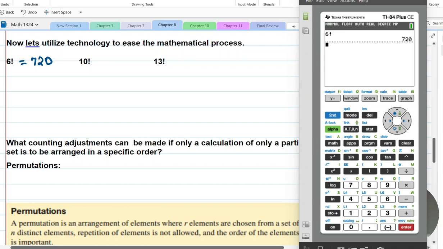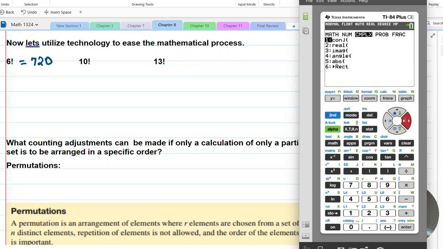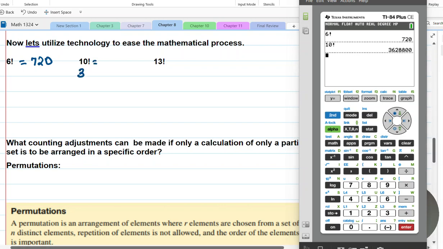Okay, I'm going to hit the 10, the math key, PROB, and do our number 4 and enter. 3,628,800. All right, very large.